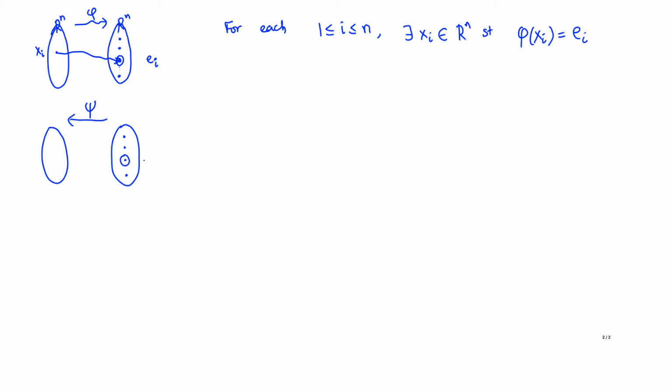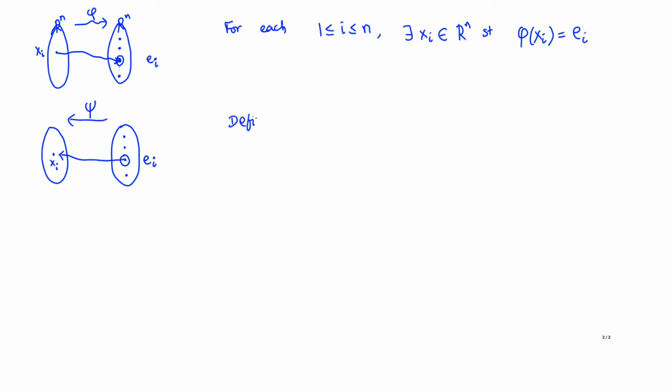What it does is the following: it takes each e_i to x_i. Remember, x_i is somewhat arbitrary here. There may be many different elements of R^n which map to e_i. I pick any one pre-image, call it x_i, and I claim I can use those x_i's to define a map psi.